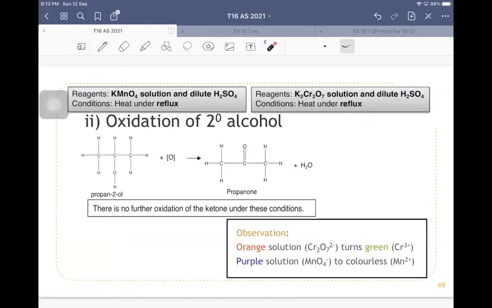So what happens is that, again, we are only interested in the hydroxy group and the carbon where the hydroxy group is attached to. Okay, so you are oxidizing a secondary alcohol into a ketone.